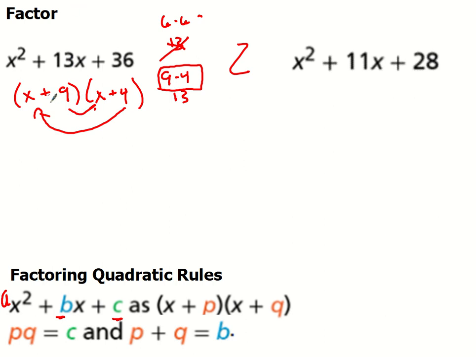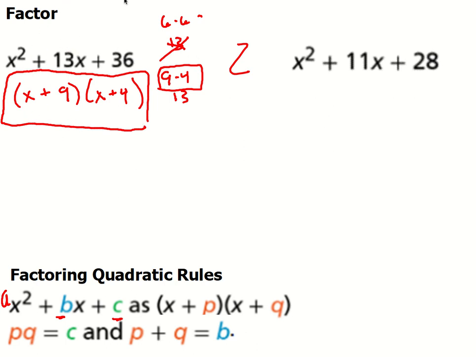And then those are the values that go here and here. So 9 times 4 is 36, 9 plus 4 is 13. So these two binomials, x plus 9 and x plus 4, are my factored quadratic of x squared plus 13x plus 36.